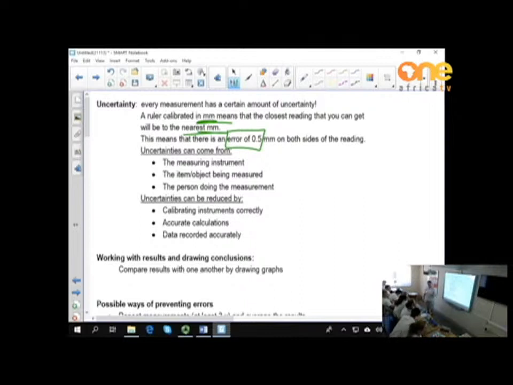If you have a bathroom scale at home, you will see on the scale somewhere, I think it's calibrated to be accurate to the nearest 100 grams. So if you get onto that scale and it says you have a mass of 55.6 kilograms, the 100 gram is going to be 55 point, let's say, 67.